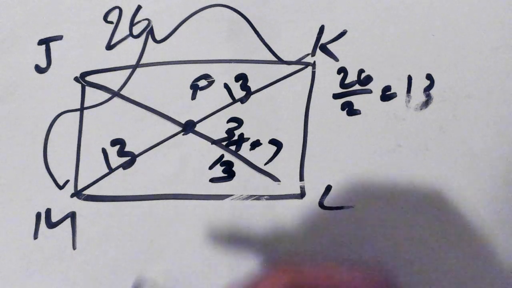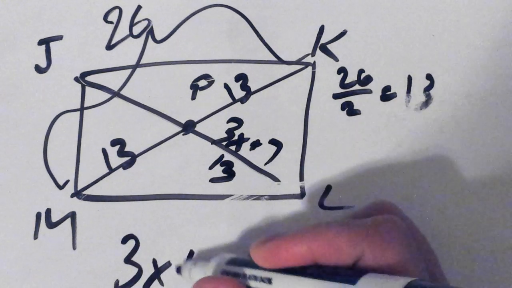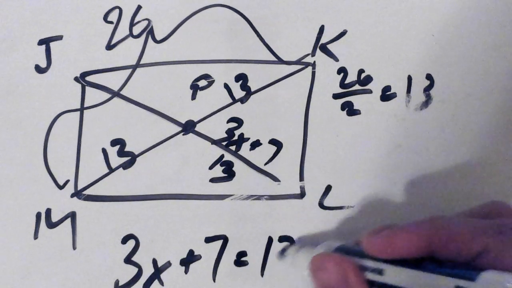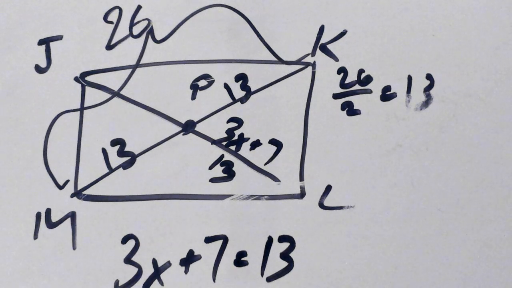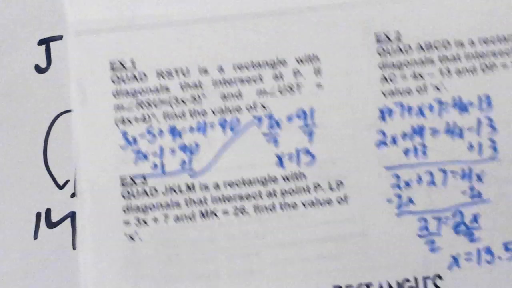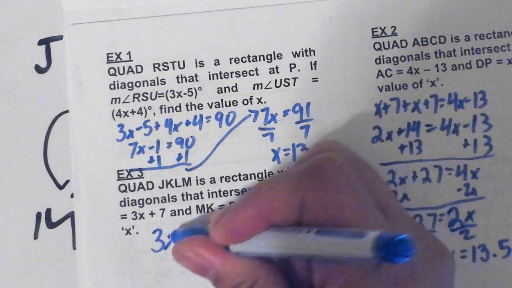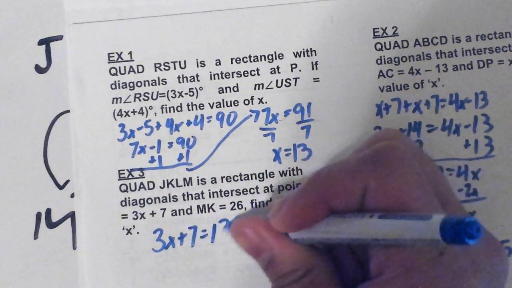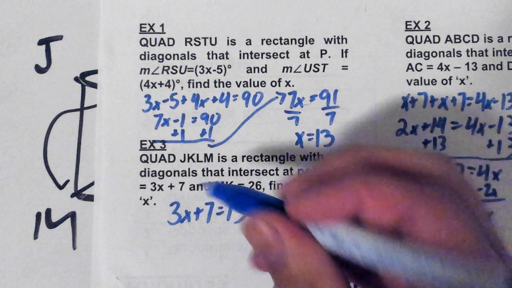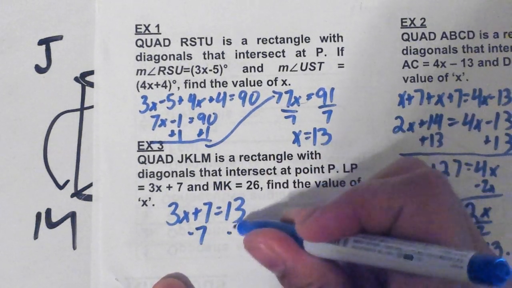So now we can set up our equation. 3x plus 7 equals 13 and solve for x that way. Okay, subtracting 7 from both sides.